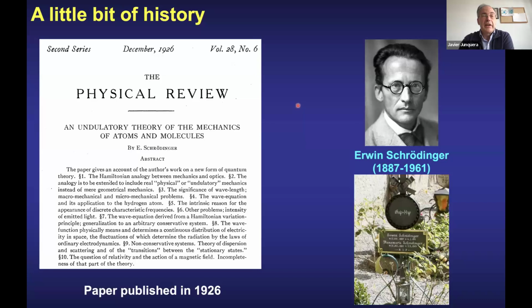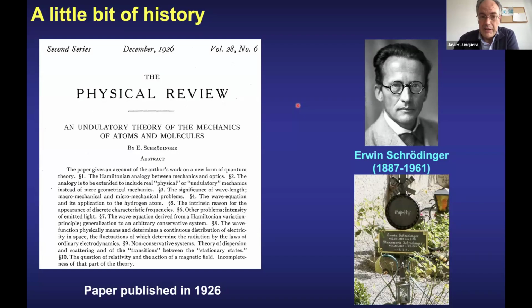The history tells that Erwin Schrödinger retired to a small house in the mountains in the Alps, and then he was trying to find an equation that describes the behavior of matter as a wave. And then he came up with the Schrödinger equation, the equation that is named after him, and then solving the equation for very simplified systems, he was able to get the proper properties of the atoms.